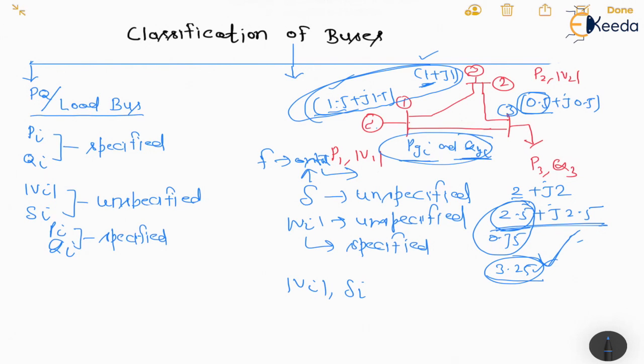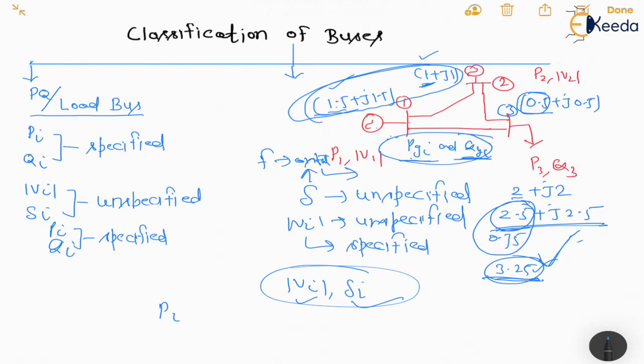Let us assume after variating the PGi and QGi, let us assume the load has become 3.25. So this generator will evaluate whatever amount of the active power and reactive power will be needed for voltage and delta I to become constant. So it will calculate, and PGi and QGi will calculate to become Vi and del I specified. So PGi and QGi will have to calculate, means Pi and Qi will become unspecified.